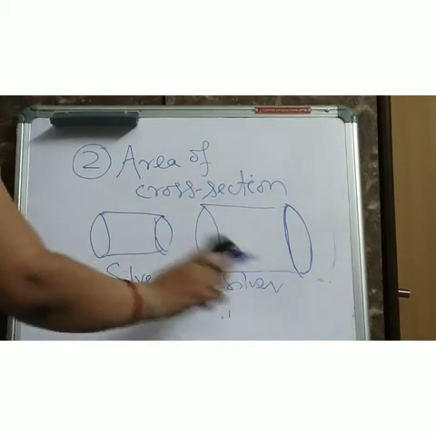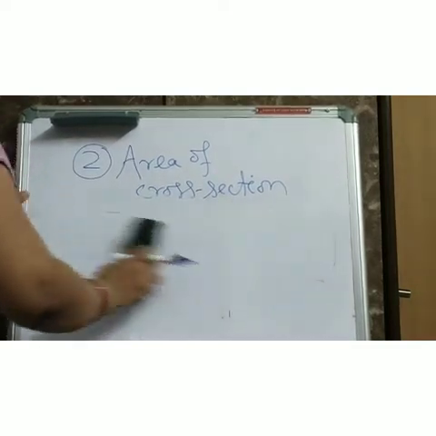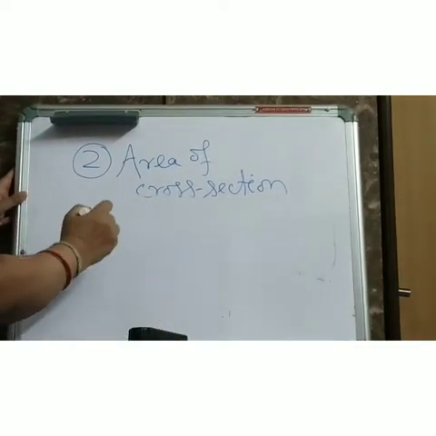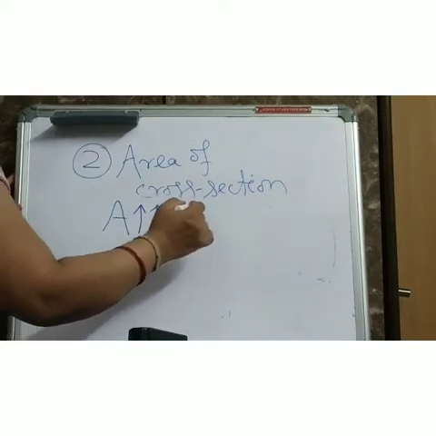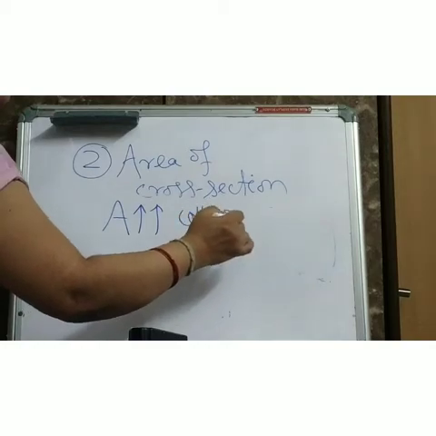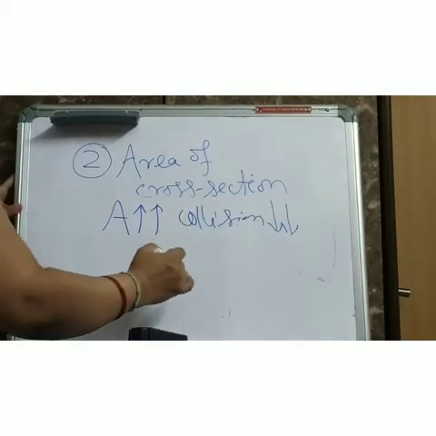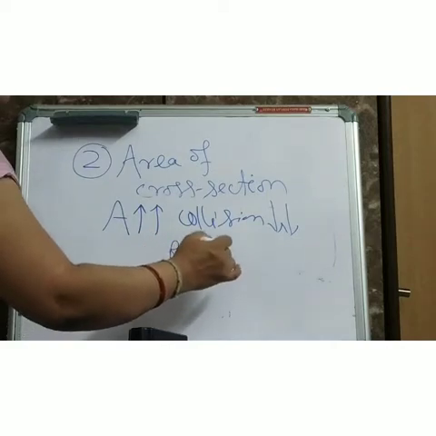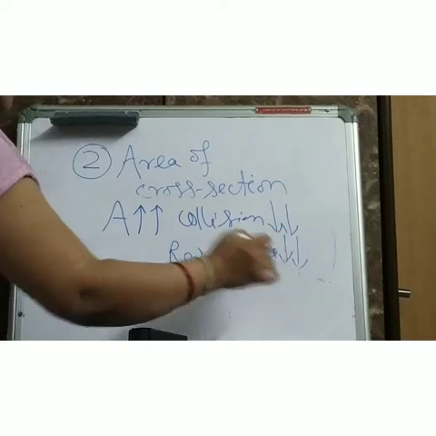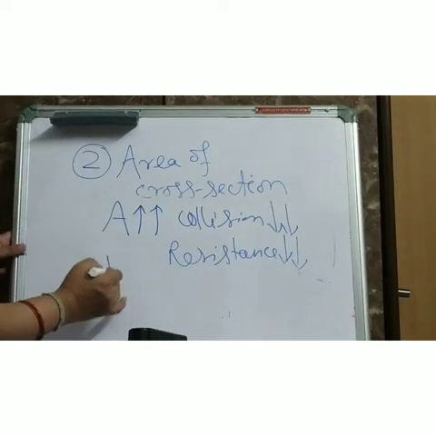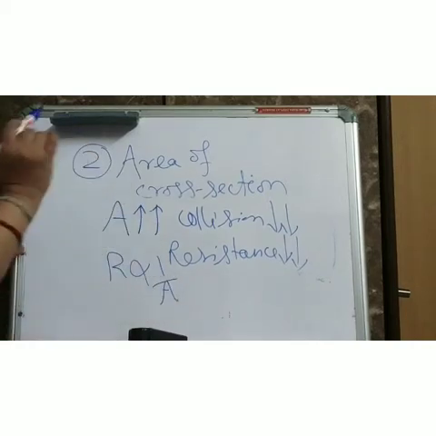So what does it mean? If area of cross section increases, then collision decreases. If collision decreases, then resistance also decreases. So you can write now your resistance is inversely proportional to the area of cross section.